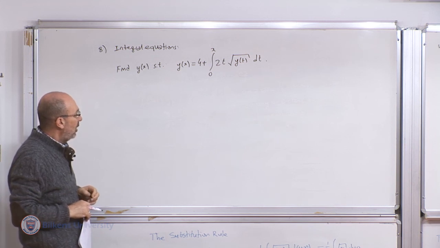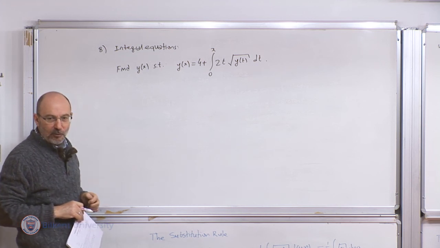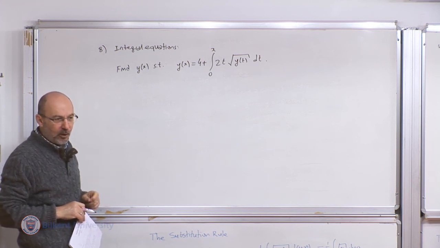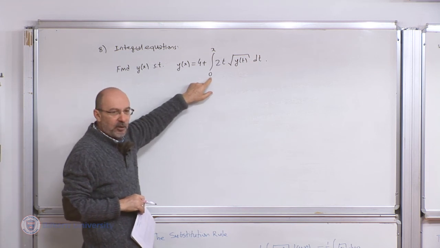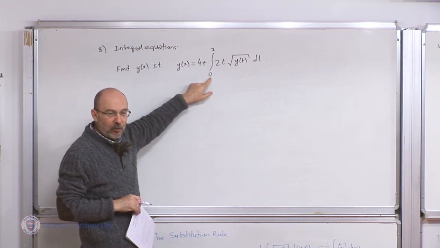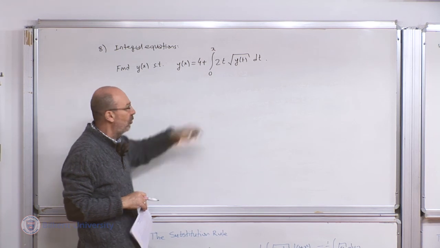Okay, in these cases, this is calculus. We don't have any idea. So what do you do in calculus if you don't have any idea? You take the derivative of both sides. Fortunately, the derivative of the right-hand side will be simple because of the fundamental theorem of calculus.